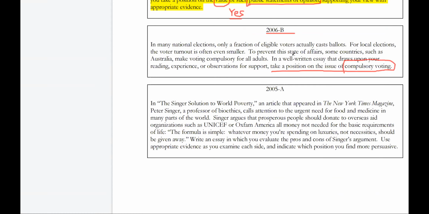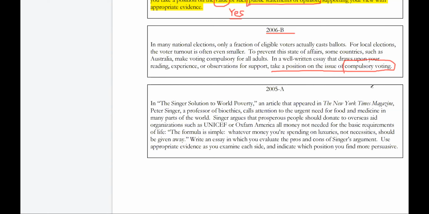To prevent this, some countries, such as Australia, make voting compulsory, mandatory, for all adults. So our job is to write an essay that draws upon your reading experience or observations for support. That's your evidence. Take a position on the issue of compulsory voting.